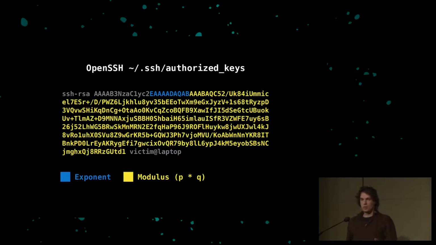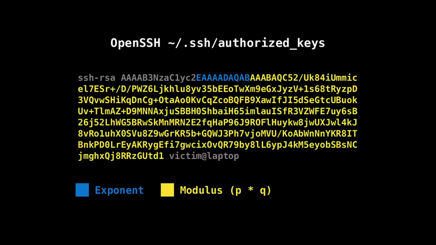What we see here is an RSA public key, and in yellow we see the RSA modulus base 64 encoded. Of course, we're not supposed to factorize this modulus because then we can get the private key.